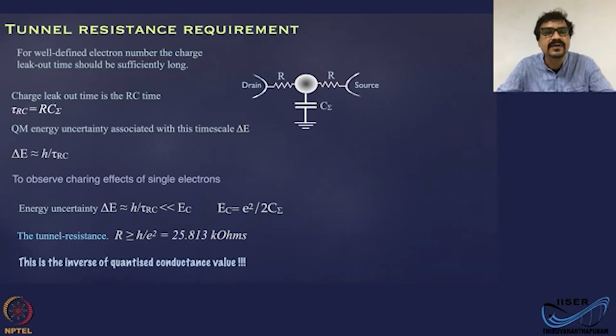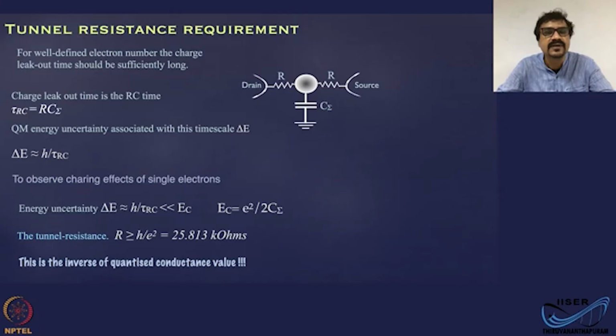It should not fluctuate over a sufficiently long time, or the charge from that body should not leak out immediately. In other words, the charging energy EC should be well defined, or the time uncertainty associated with that energy should be low. Uncertain time should be low. That means the time should be long.